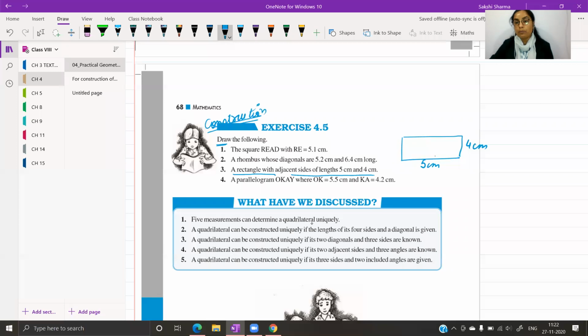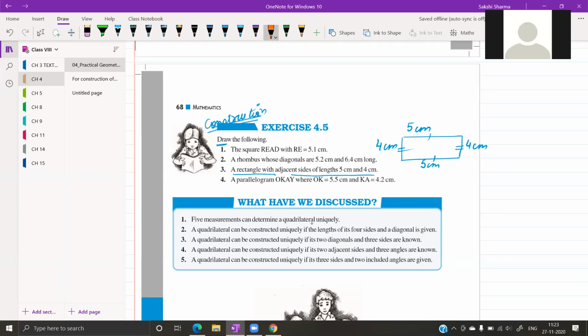Since in a rectangle opposite sides are equal, we will have the length for the remaining 2 sides. 2 sides are given and the remaining two we can find ourselves because the opposite sides of a rectangle are equal. Now this just gives us 4 elements, but we had written in the beginning that for the construction of a quadrilateral we need a minimum of 5 elements. What will be the 5th element?